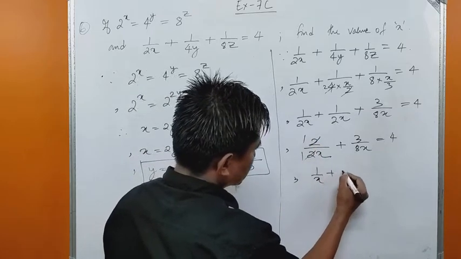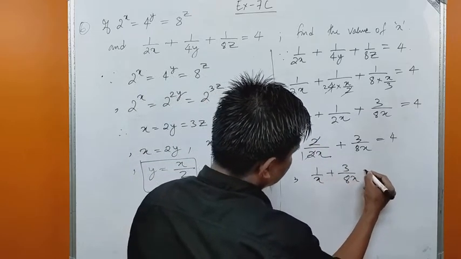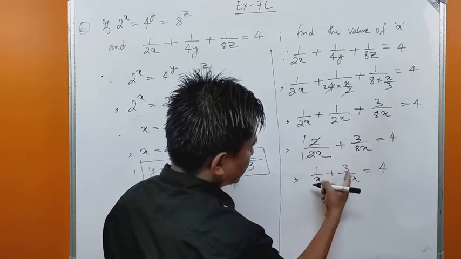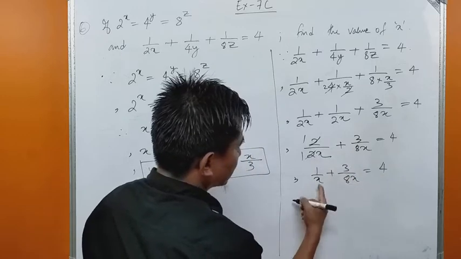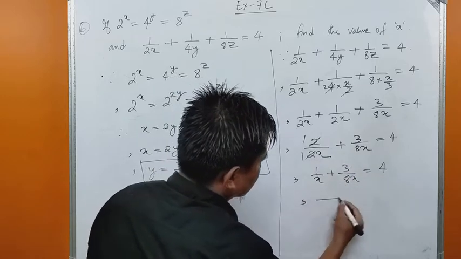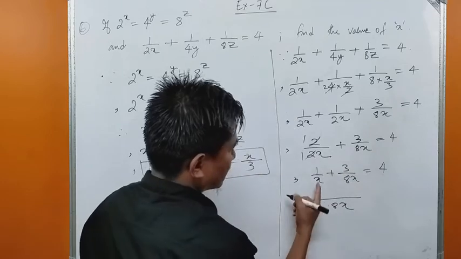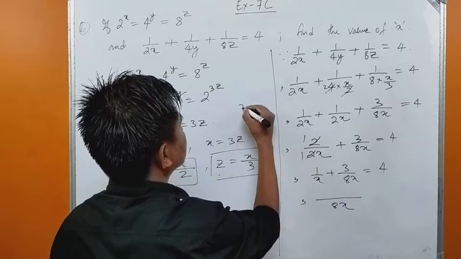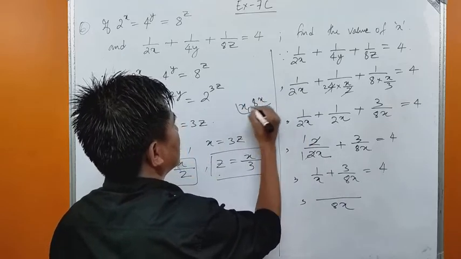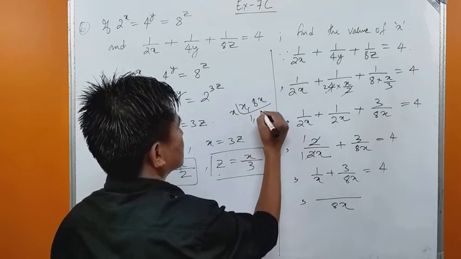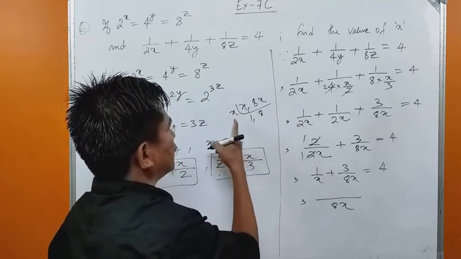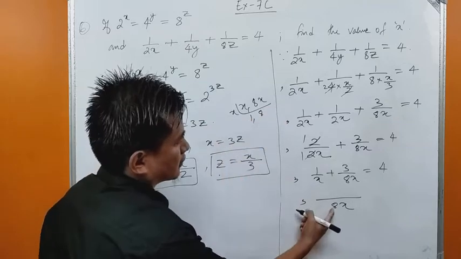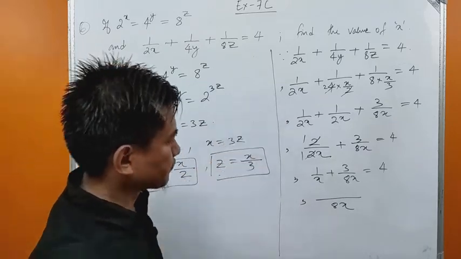1 upon x plus 3 upon 8x equals 4. Now the LCM of these two numbers, x and 8x, is 8x, isn't it? If you do not know, you can find it this way also. x into 1 is x, x into 8 is 8x, so the LCM is 8x.